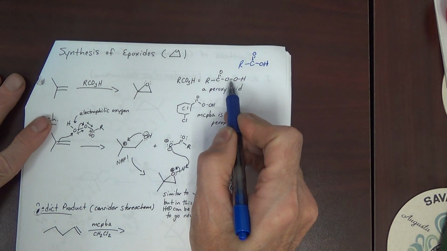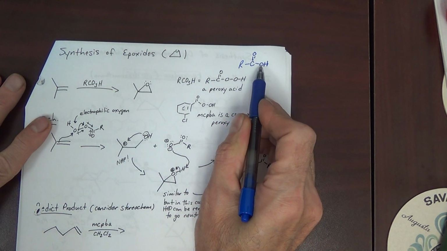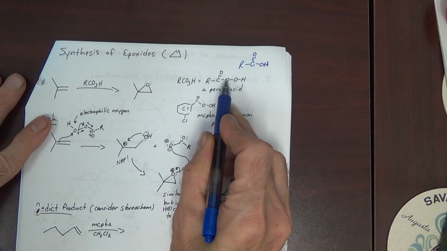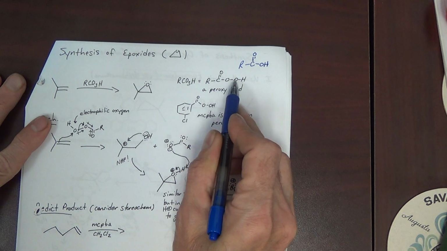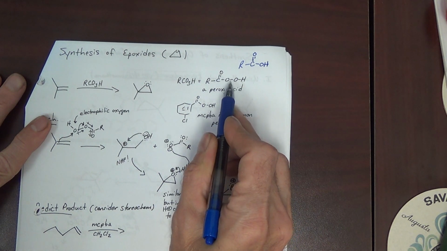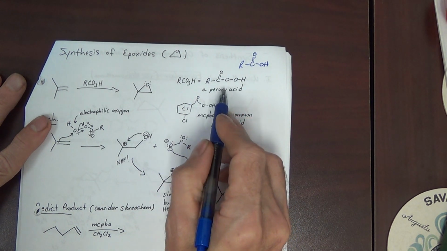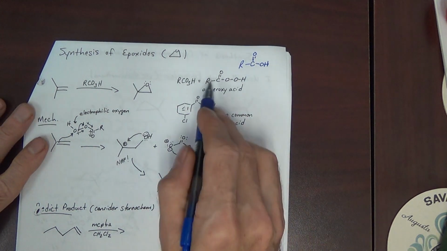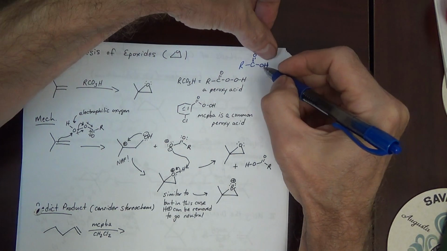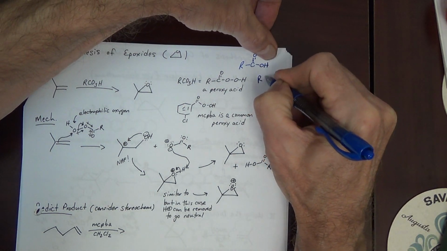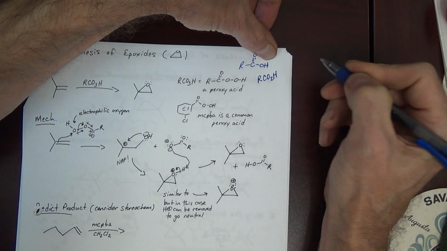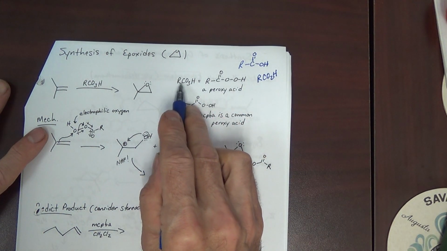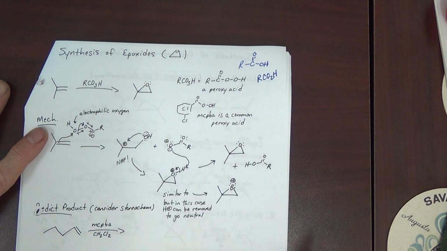But this has an extra oxygen between the carbon and the H. And oxygen-oxygen single bonds like this are called peroxides. And so this is known as a peroxy acid with the additional oxygen. We know we can abbreviate the carboxylic acid as RCO2H, but the peroxy acid is abbreviated RCO3H.